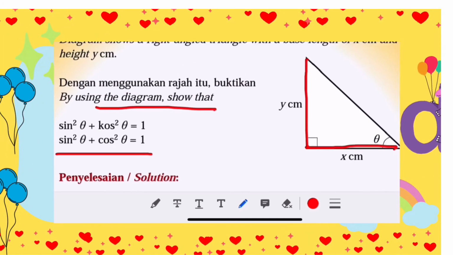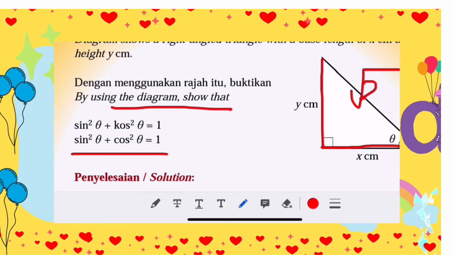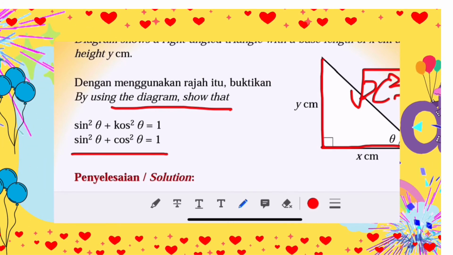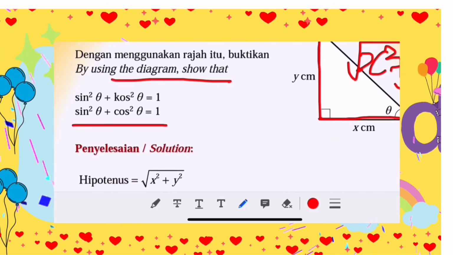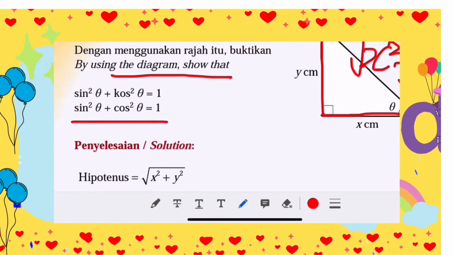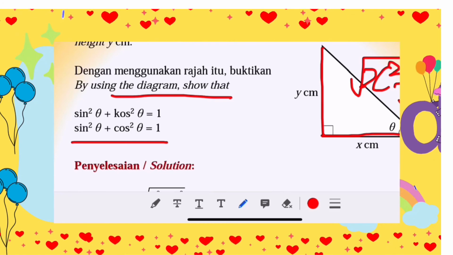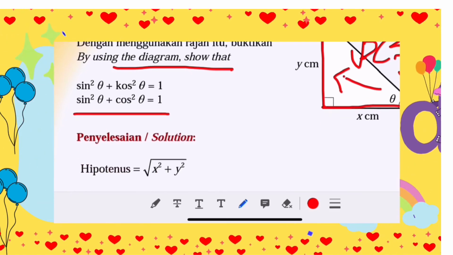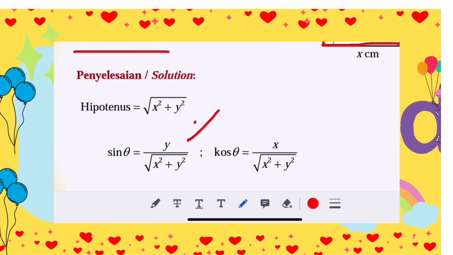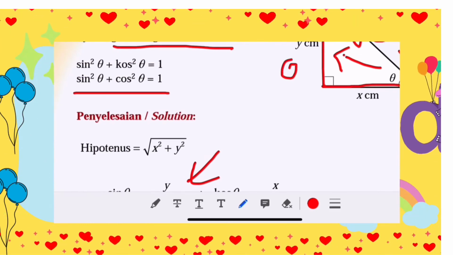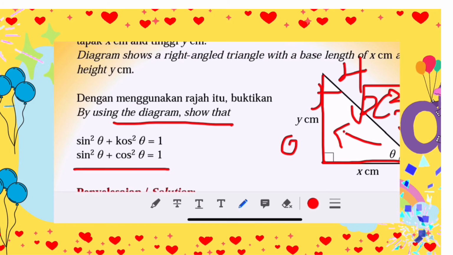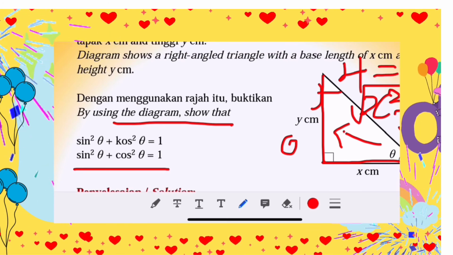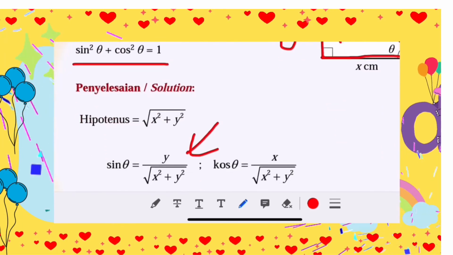So first of all, we will find the hypotenuse by using Pythagoras theorem, which is square root of x squared plus y squared. So from here, we can find the sine theta is y over hypotenuse. Y is the opposite. Hypotenuse is equal to square root x squared plus y squared.